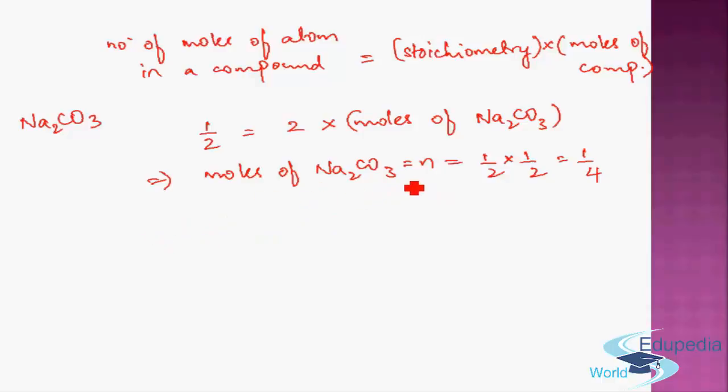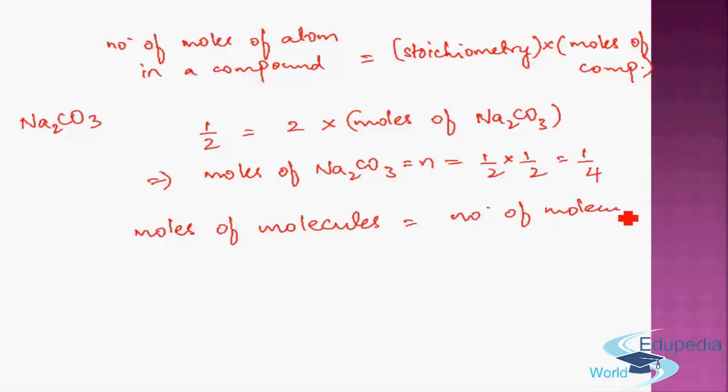So now you can calculate, you know the moles of sodium carbonate, that means you know moles of molecules of sodium carbonate, and we know that moles of any entity can be calculated as number of that entity, number of molecules, divided by Avogadro number Na. So you know that moles of sodium carbonate present with you is 1 by 4.